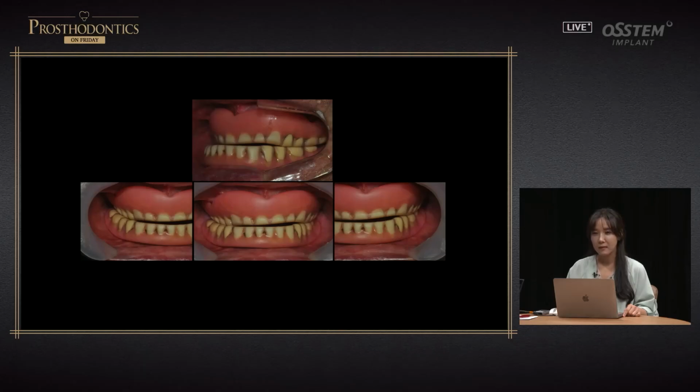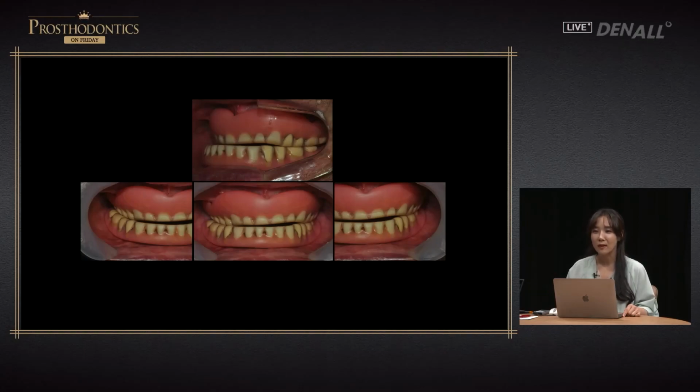As you can see, these are the patients with difficult conditions. As complete dentures are covered by the National Health Insurance now, many patients come to us who have not received the proper denture treatment. You can find various problems with these conditions if you listen to Prosthodontics on Friday seminars.